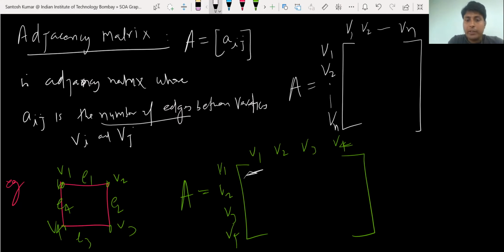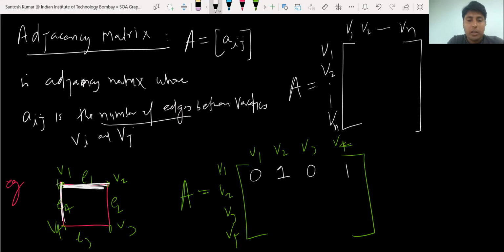What will the entry be for V1 and V1? There is no edge between V1 and V1. If there is any loop, then you can write 2 here. How many edges between V1 and V2? One edge. V1 and V3? No edge. V1 and V4? One edge.